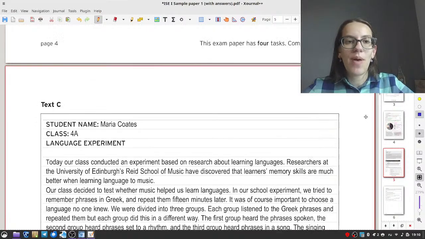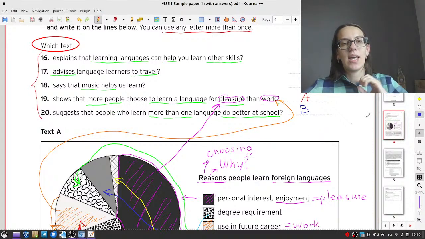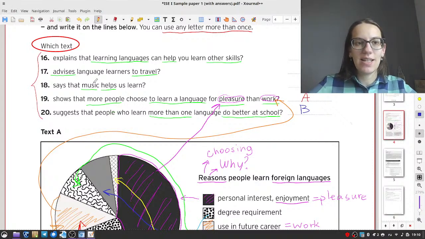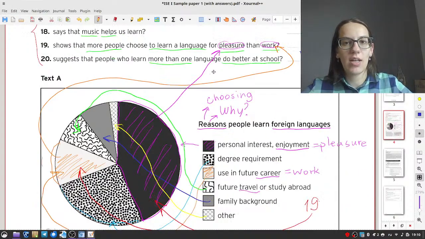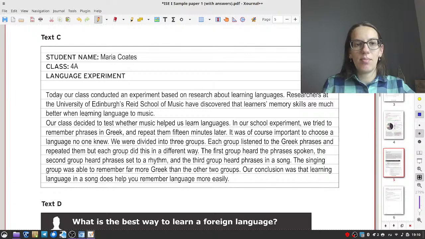Well, and if you remember the questions correctly, it probably already jumps out at you that it's to do with question 18, yeah? Which text says that music helps us learn. Well, let's check again, just one more time. So there is learning language to music, yeah. They test if it's true.